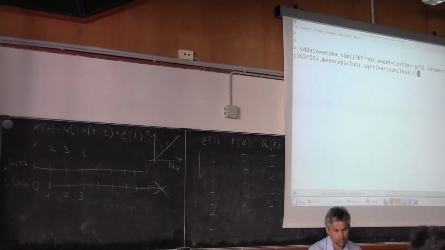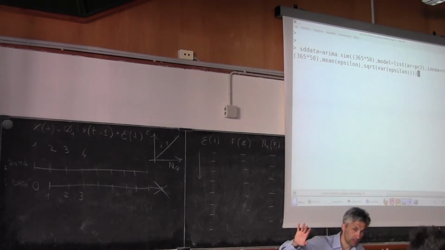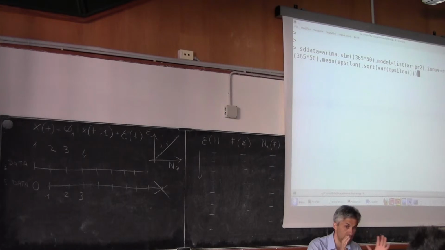Arima stands for ARMA plus one I in the middle, which means integrated, because this is a function that can be used to generate from whatever bigger class of models, ARIMA, so we forget about the I and then we focus on the AR. Now, the first argument that we should give is the length of the simulation, which is 50 years, 365 times 50.